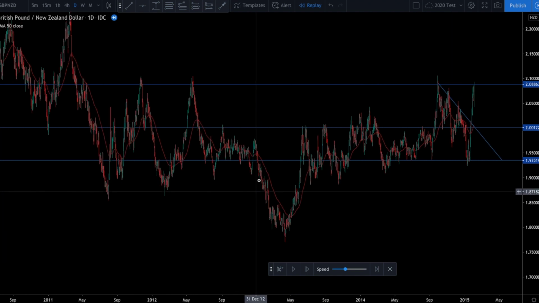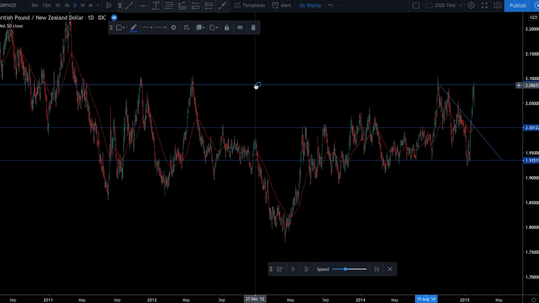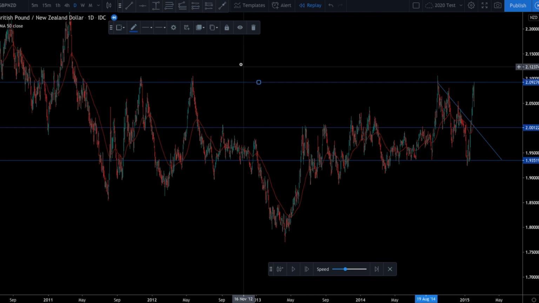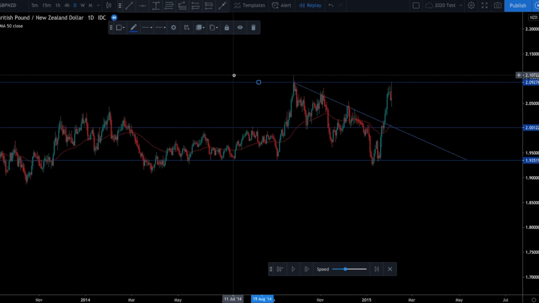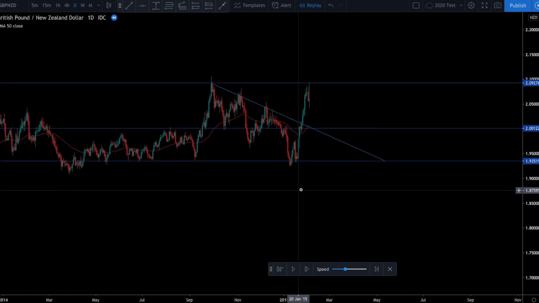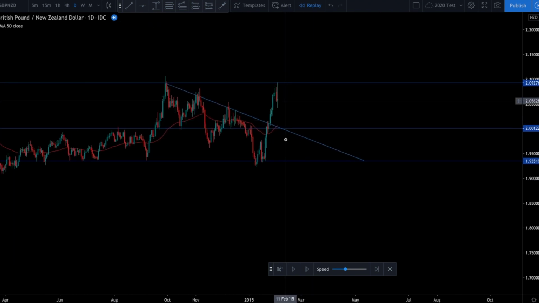Let's see. So this is a pretty decent level up here around 2.09. Maybe a little higher. So this could come back down and retest.